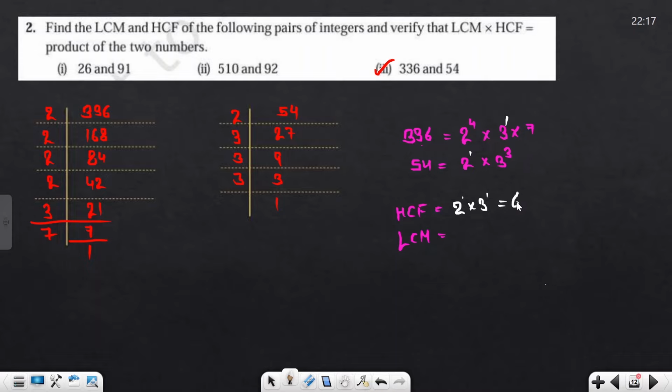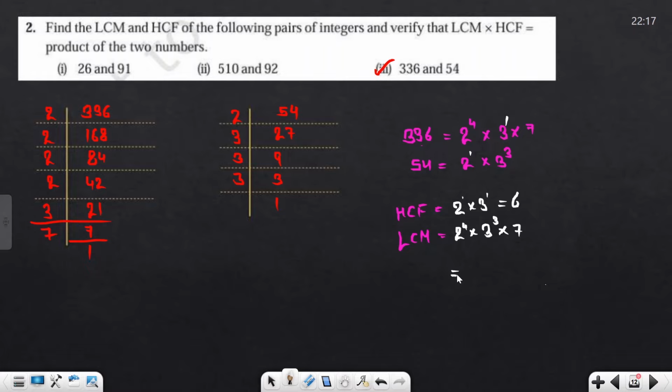Now in LCM take the highest power. For 2, the highest power is 2 power 4. For 3, the highest power is 3 power 3. And the remaining number is 7.